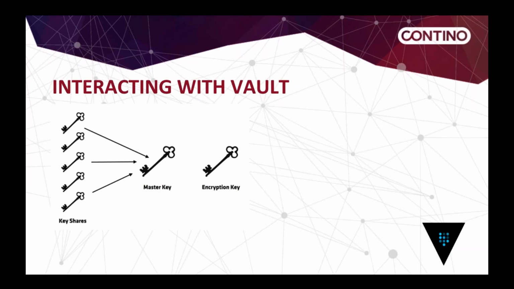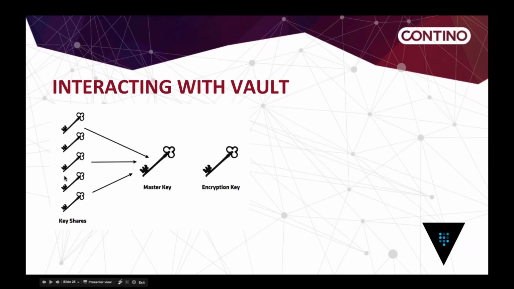So when you initially set up Vault, it will be sealed, which means Vault cannot read its own data because it's encrypted. The only way that Vault can read its own data is if it is decrypted by the encryption key. But the decryption key itself is encrypted by a master key, and that master key can only be formed by putting together a selection of key shares, whatever number you specify.